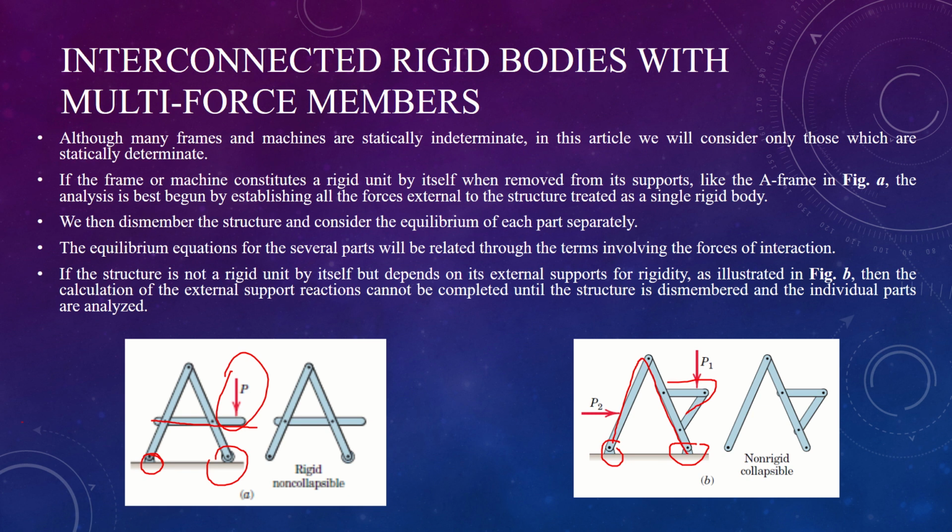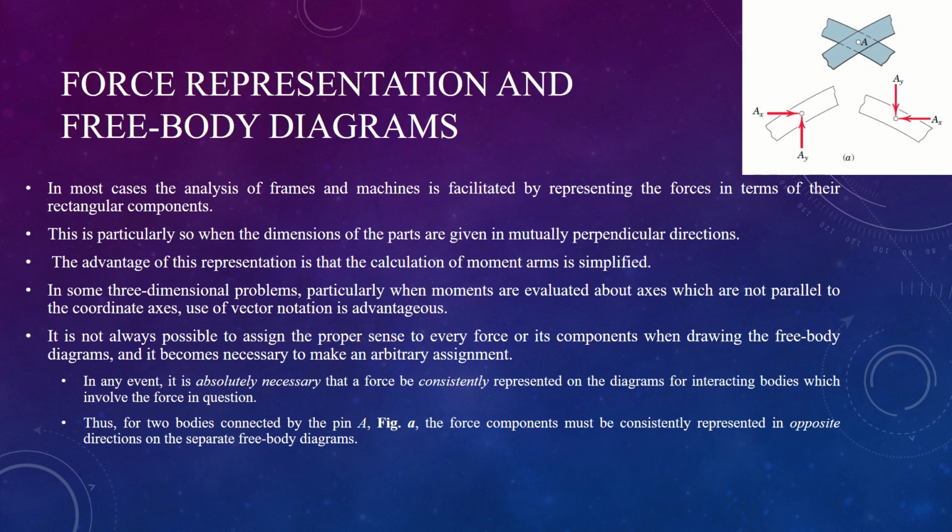Now, how do you represent these forces in a free body diagram? This is an important part again. So what do we do when we take these machines and represent them in a free body diagram? In most cases, the analysis of frames and machines is facilitated by representing the forces in terms of their rectangular components. This is particularly so when the dimensions of the parts are given in mutually perpendicular directions.